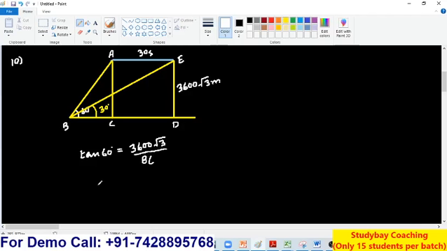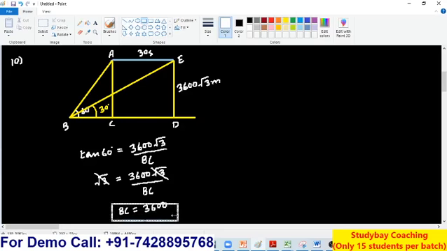Tan 60 degrees is root 3, and this will be equal to 3600 root 3 upon BC. Now this root 3 can be cancelled out, and BC will be equal to 3600. Alright, let me mark it like this. Okay, so BC we can say is 3600 meter.